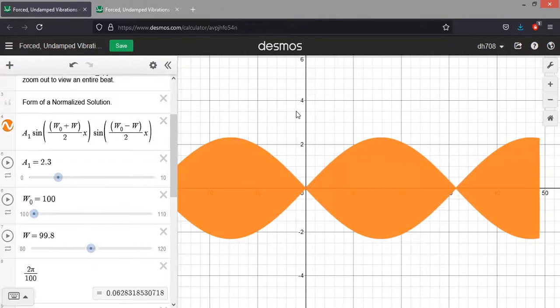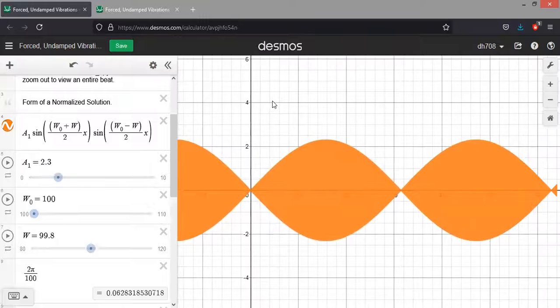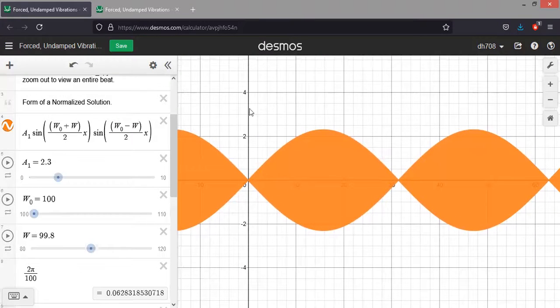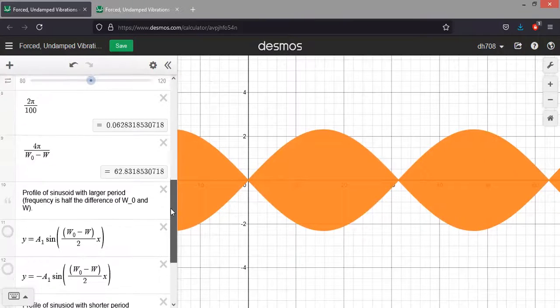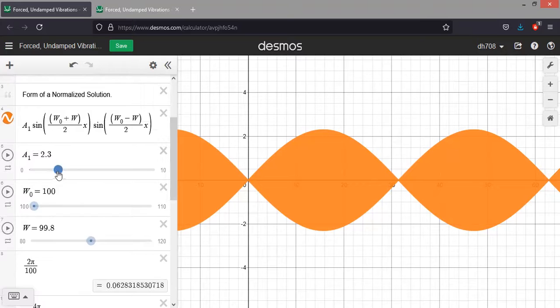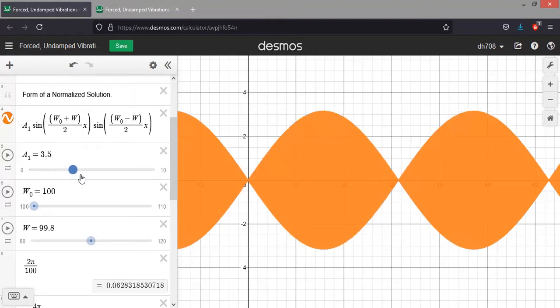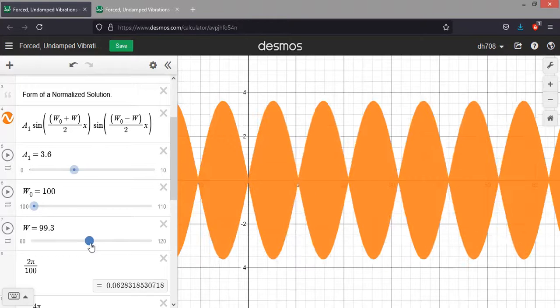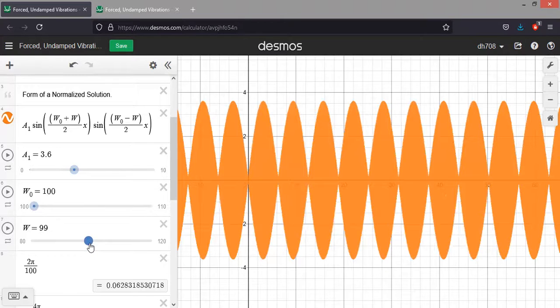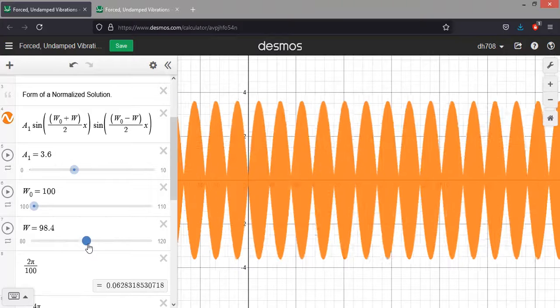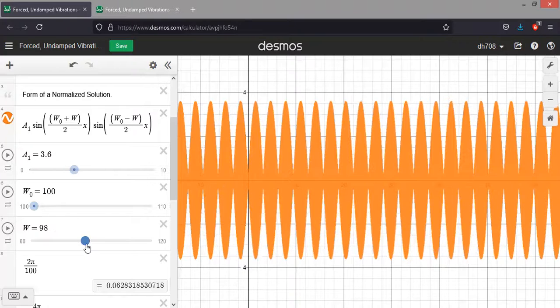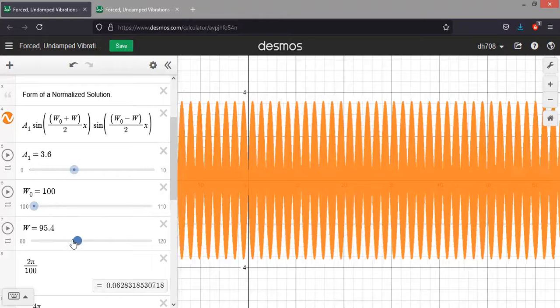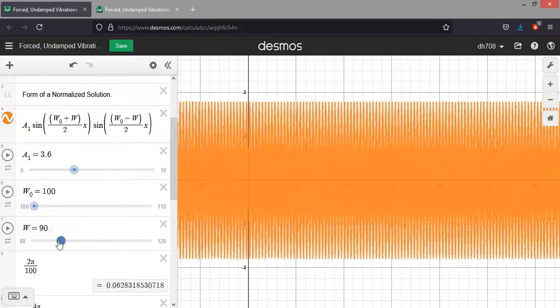And Desmos actually is a little slow when you try moving it around because it's graphing so much. So you can fool around with this. It's very interesting. You can see I increase this, it changes these. And if you change this frequency here and I make it farther away, you can see that the frequency of the larger curves starts going back to the natural frequency you had.